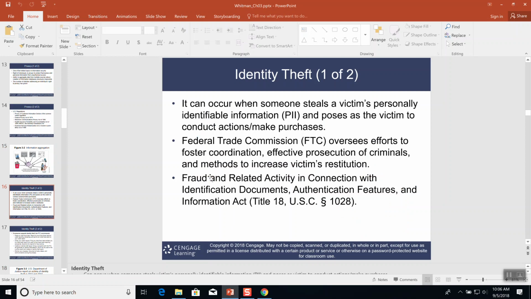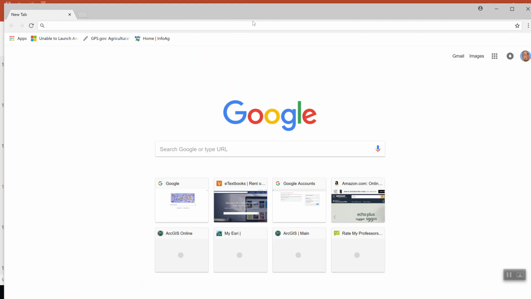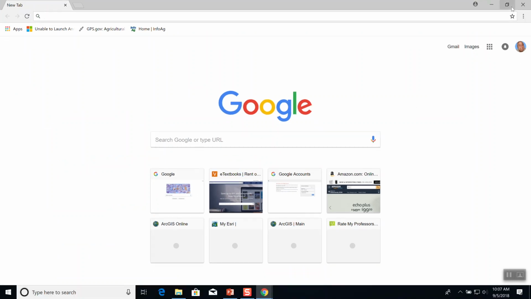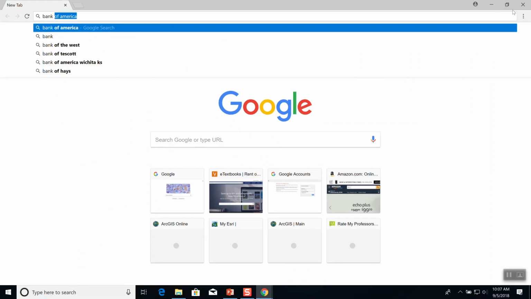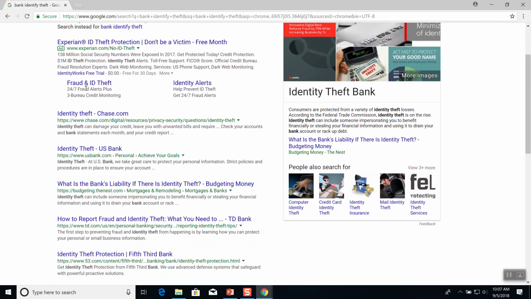Identity theft. That's a big thing now. Does every place protect you against identity theft? No. So when you're taking a look at that, like you go in with a new bank, here's Chase.